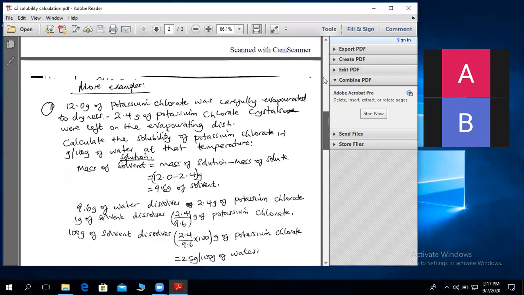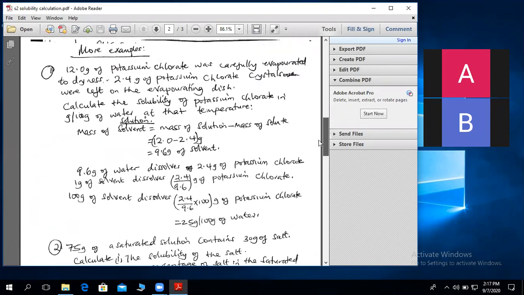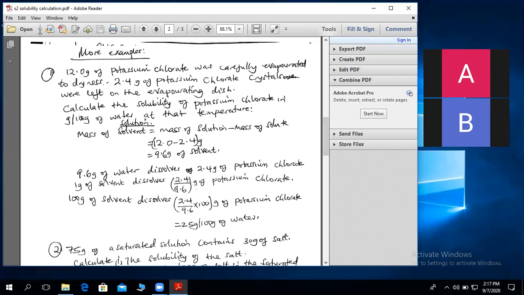We had finished this correction, and I was taking you to more examples that I had prepared for you today, and one of them is here. It says 12 grams.